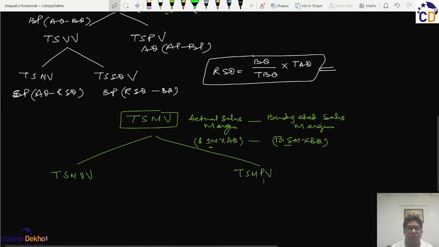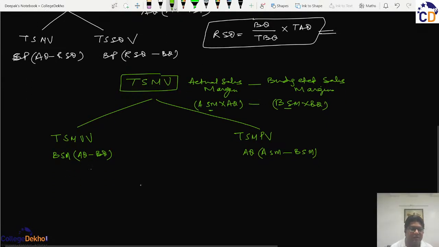Then on the same lines, it will be the difference of actual sales margin minus budgeted sales margin multiplied by actual quantity, and this will be the difference of actual quantity minus budgeted quantity multiplied by the budgeted sales margin. Similarly, when we calculate the sales margin volume variance, it will again be of two kinds: total sales margin mix variance and total sales margin sub quantity variance.